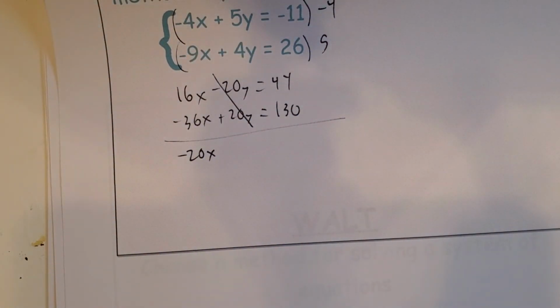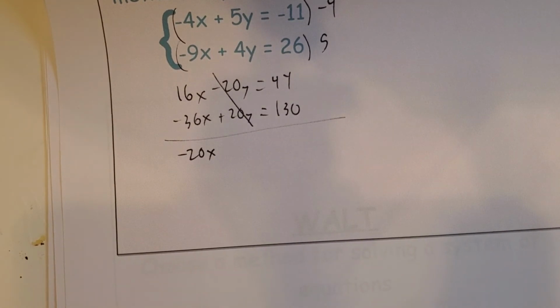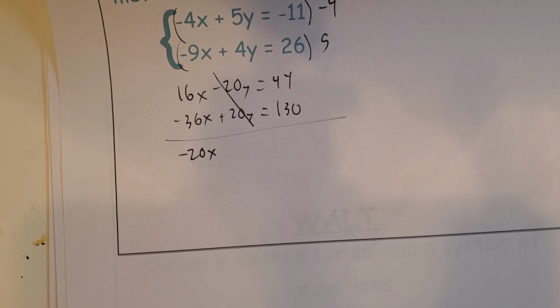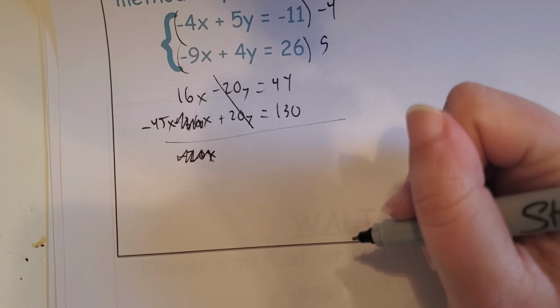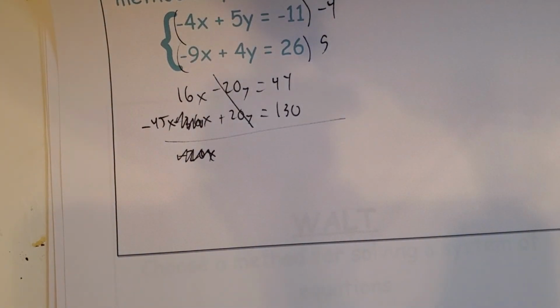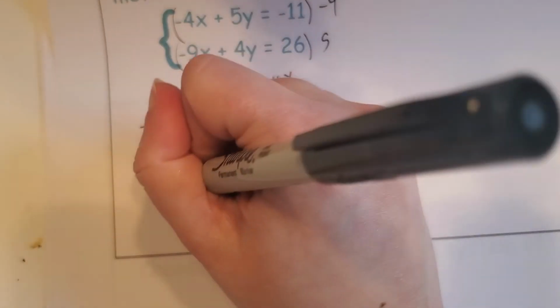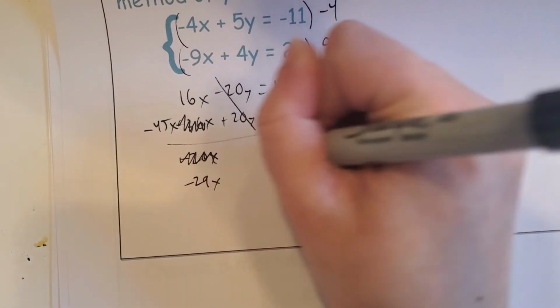Right? Wait, 16 minus 36 is negative 20. Right? I feel like I messed up somewhere. Oh, this isn't, because this is, duh. This is negative 45x, not negative 36. I was doing 9 times 4. My bad. So 16 minus 45 is negative 29x.